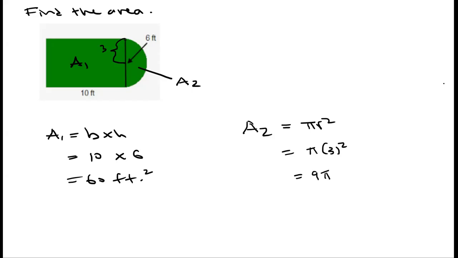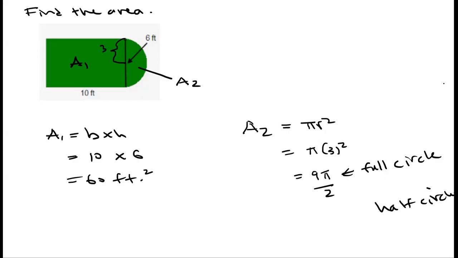However, this is for a full circle, right? We have half of a circle. So we need to take 9 pi and divide it by 2 because we want half of the circle. We don't want the full circle.